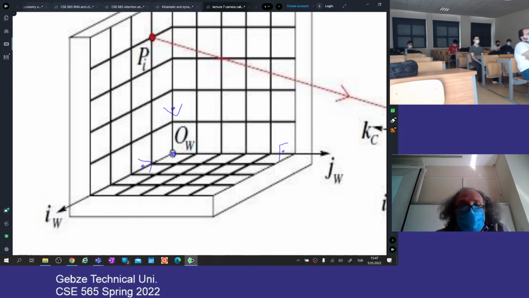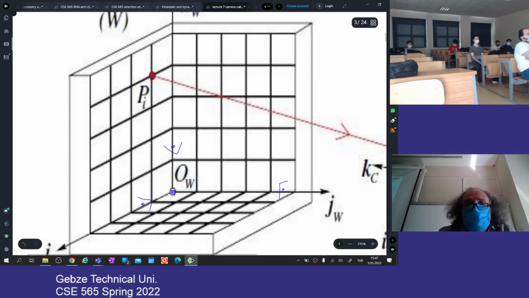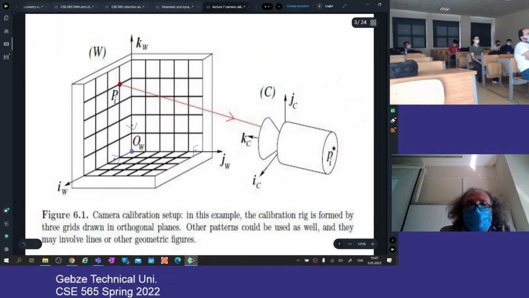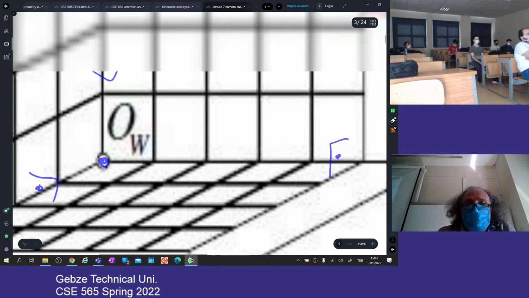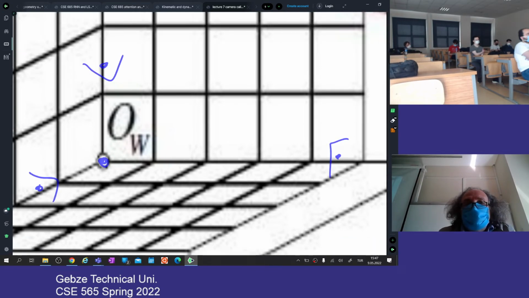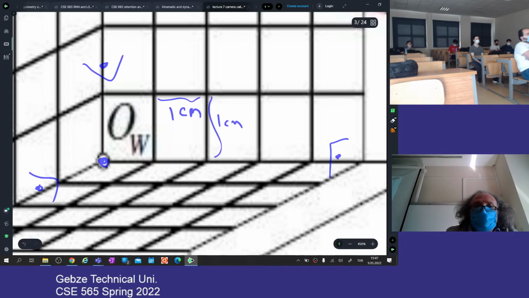And our I direction, J direction, and K direction. And I know that each square is like 1 centimeter. So this is a point here, this is 1 0 1, and this one is 1 1 0, right?